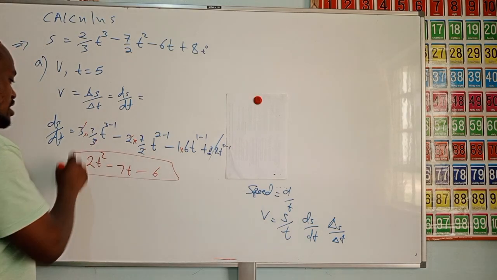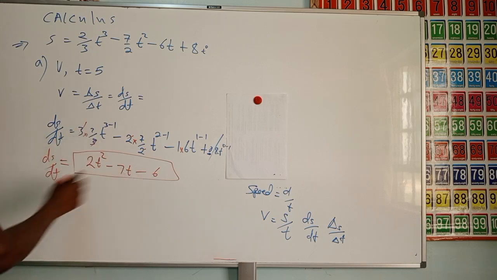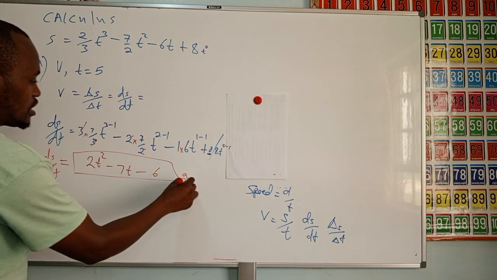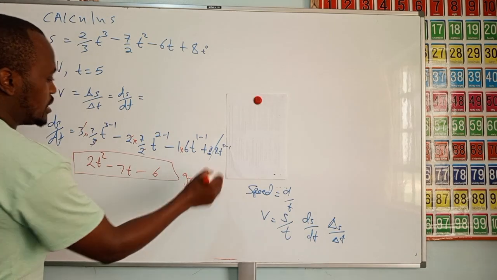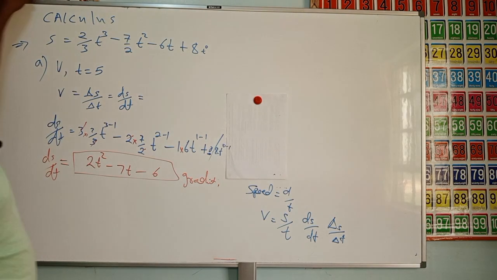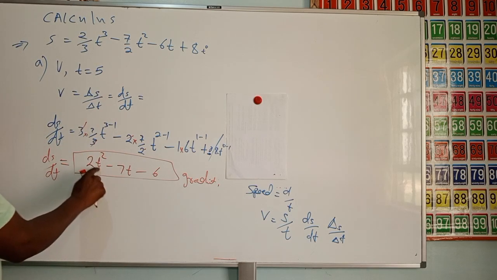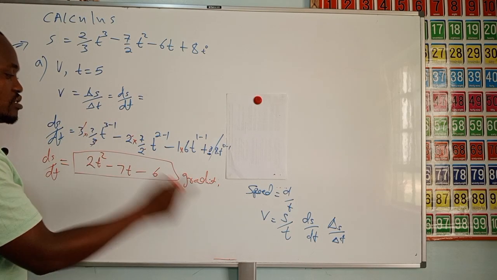So this is the differentiation, the answer of ds over dt, or this is the gradient that was required. But the question asks, what is the gradient at t is equals to 5? So you can replace where there is t, you put 5.